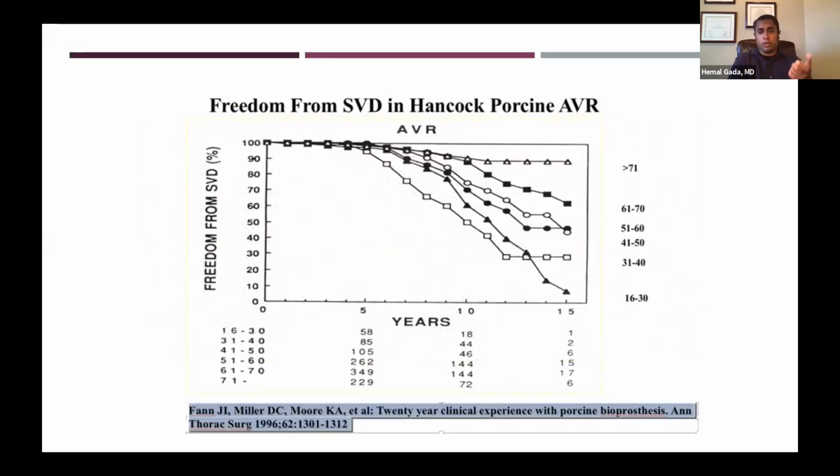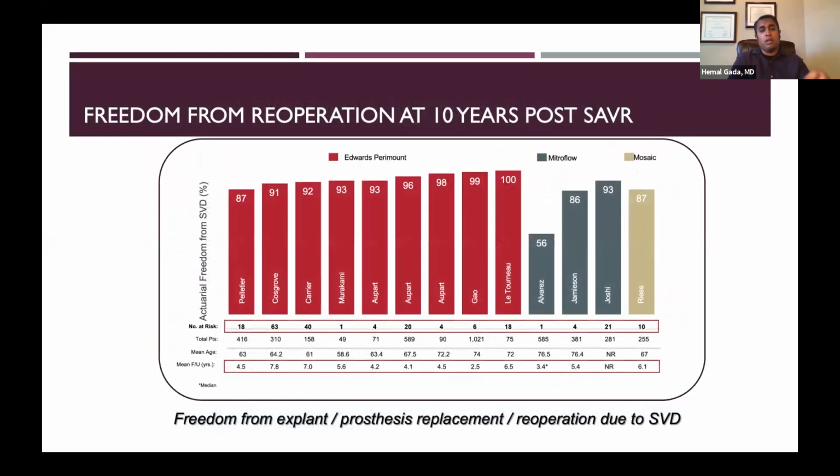Freedom from structural valve deterioration in a Hancock porcine AVR showing exactly the same curve. Freedom from reoperation 10 years post-SAVR. Again, keep in mind that a lot of these patients are kind of lost to follow-up. If you look at the number at risk here versus the total number of patients, and versus the follow-up years, you're going to find a lot of attrition in these analyses. And so the point here is, we don't know what we don't know.